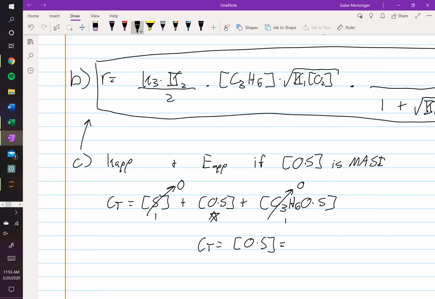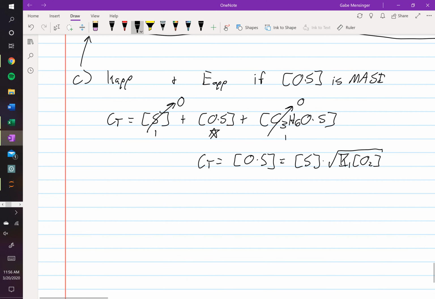And remember that we said OS is equal to the concentration of S times the square root of K1 times O2, which vastly simplifies our algebra for finding the concentration of S in terms of known quantities.